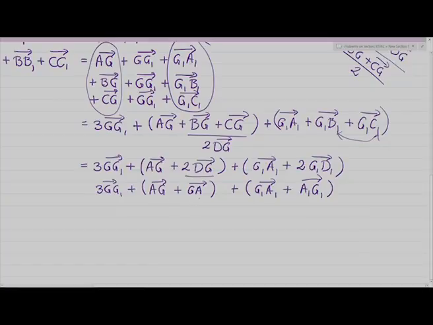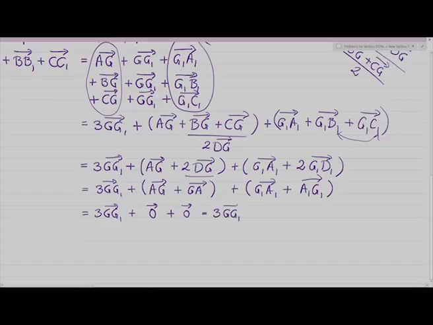AG bar and GA bar are nothing but opposite vectors, that is AG bar is equal to minus GA bar, right. So, therefore, it will be 3 times GG1 bar plus this will nullify the effect of this. So, essentially we are starting with A, we are going to G, again we are starting from G, we are coming to A. So, this will be a 0 vector plus, by the same logic this will again be a 0 vector. So, 0 vector added, we will not get anything.